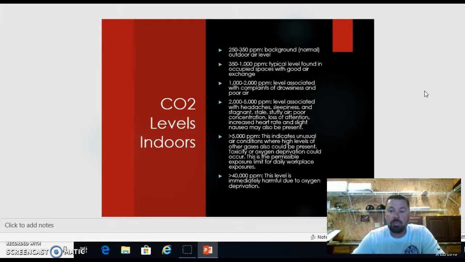Toxicity or oxygen deprivation could occur. This is the permissible exposure limit for daily workplace exposures. Greater than 40,000 parts per million is immediately harmful due to oxygen deprivation.